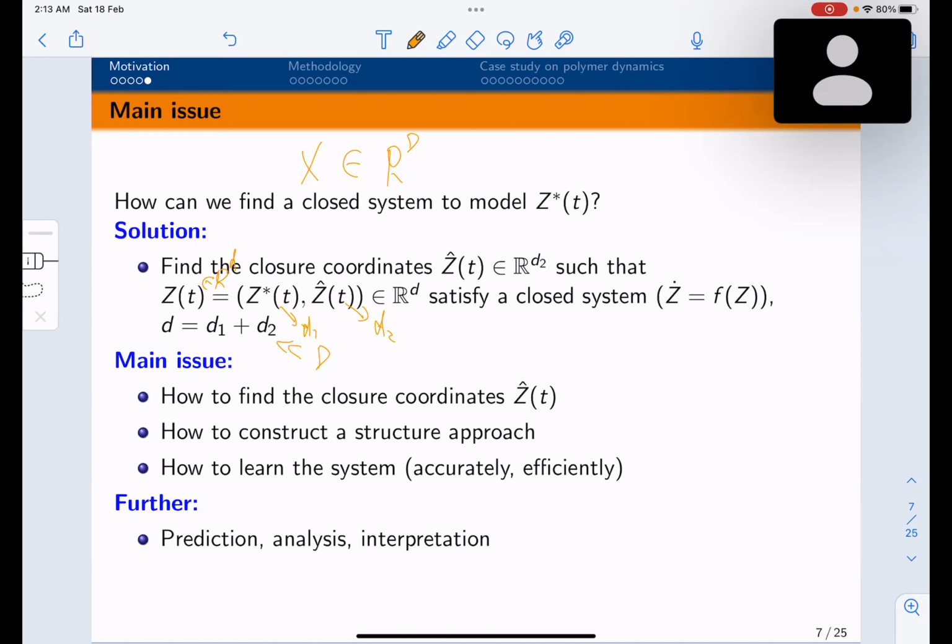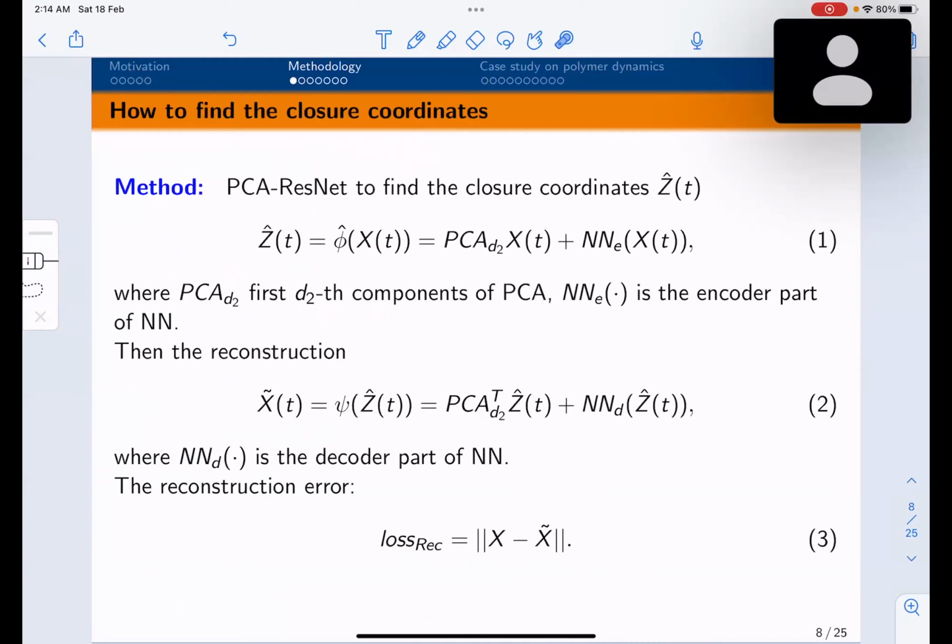So after we solve these issues, we want to do the prediction and analysis and also the interpretation of the learned coordinates or the systems. Here, first I want to introduce how we can find the closure coordinates. Here we use a PCA ResNet to find the closure coordinates, because our observation data is X, right? This is the model reduction psi hat, and we set it as the PCA of X minus an encoder neural network.